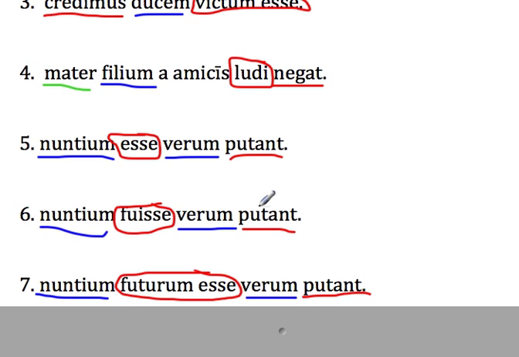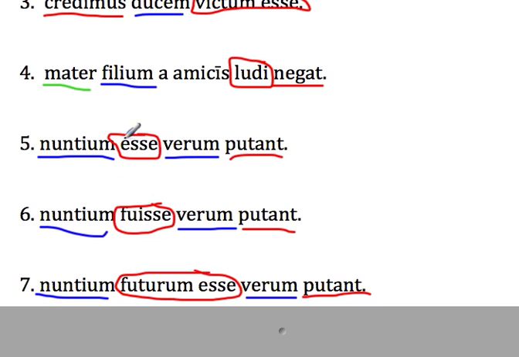Perfect active was before the main verb. So what do you think a future active will signify? If this was same time, this was time before, this is going to be time after. So that means that this action happens after this one. So they think right now that the message will be true later on. They think that the message will be true.